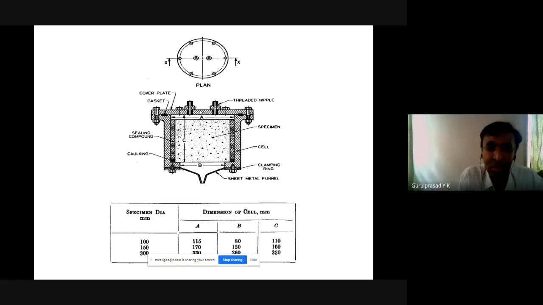The dimensions of the cell are of the order of 170, 330 and even 115. You have different cell sizes based on the concrete specimen sizes. For 150 mm cubes, the standard size is 170, with a gap of at least 10 mm on either side.